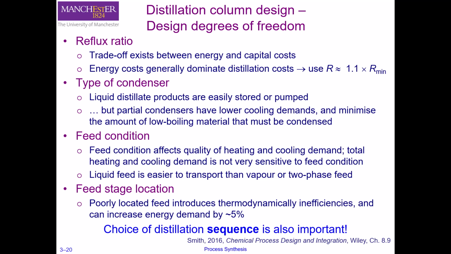But you can still find the best stage on which to place the feed by changing the feed stage and detecting how that change affects your reflux ratio or reboiler duty for a fixed number of stages. A poor choice of feed location can increase your energy demand by something like 5%. So it is obviously a significant design decision.